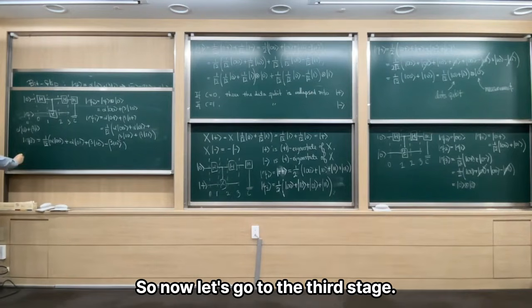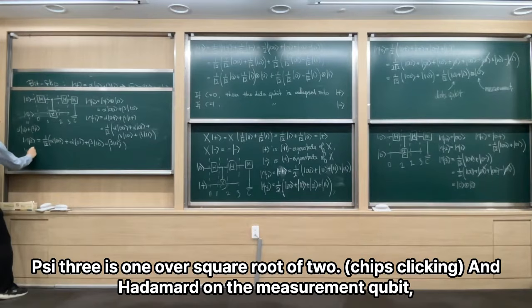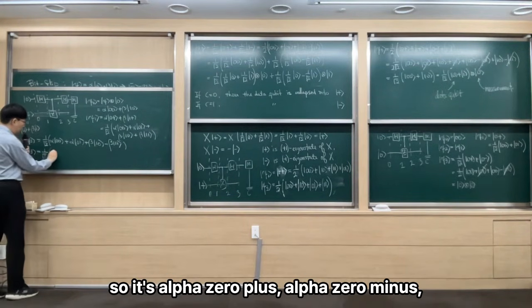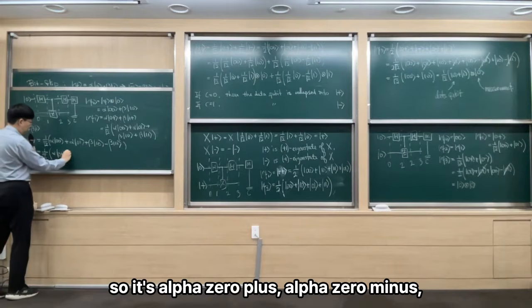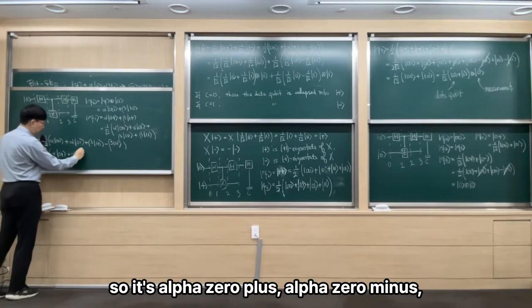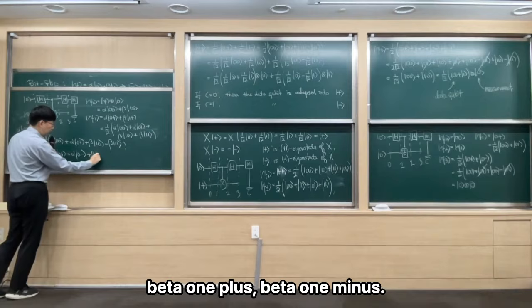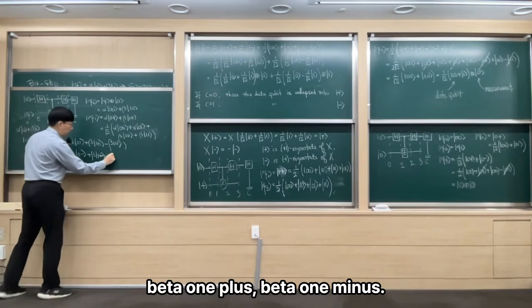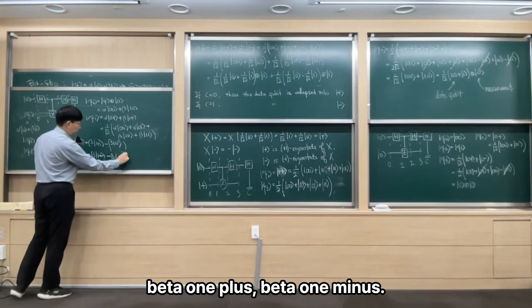Now let's go to the third stage. Psi 3 is 1 over square root of 2, and Hadamard on the measurement qubit. So it's alpha 0 plus, alpha 0 minus, beta 1 plus, beta 1 minus.